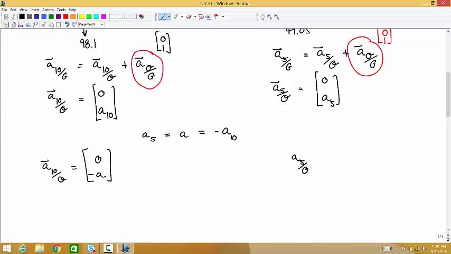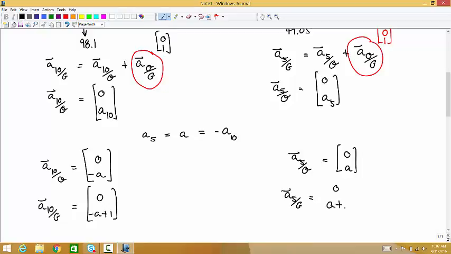Acceleration of 5 relative to the origin is 0, A. And now put it back with the relative motion equation, and you get that the acceleration of the 10 relative to the ground, that's the thing we want for Newton's second law, is equal to 0, negative A plus 1. And the acceleration of the 5 relative to the ground is 0, positive A plus 1.